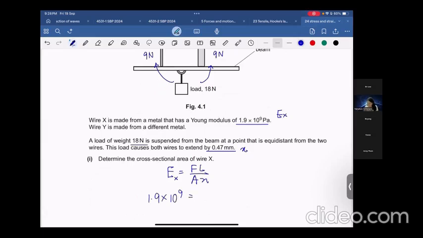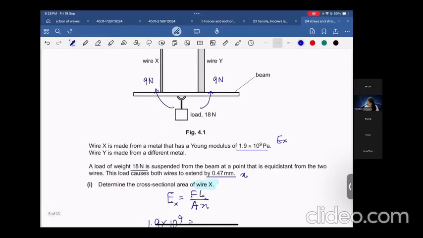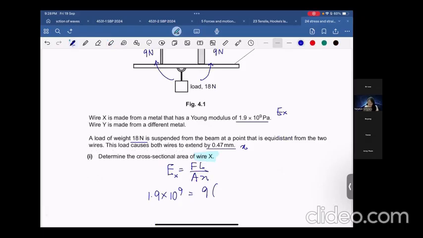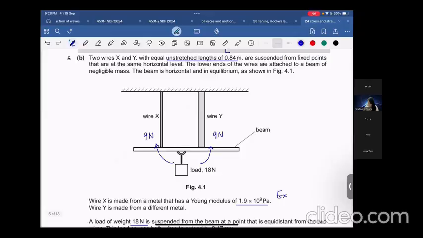What is the force experienced by wire X? Wire X only. The load is shared out, so your wire X only receives 9 Newton. Don't apply the full load. It's 9 Newton. What is the original length? Here 0.84.